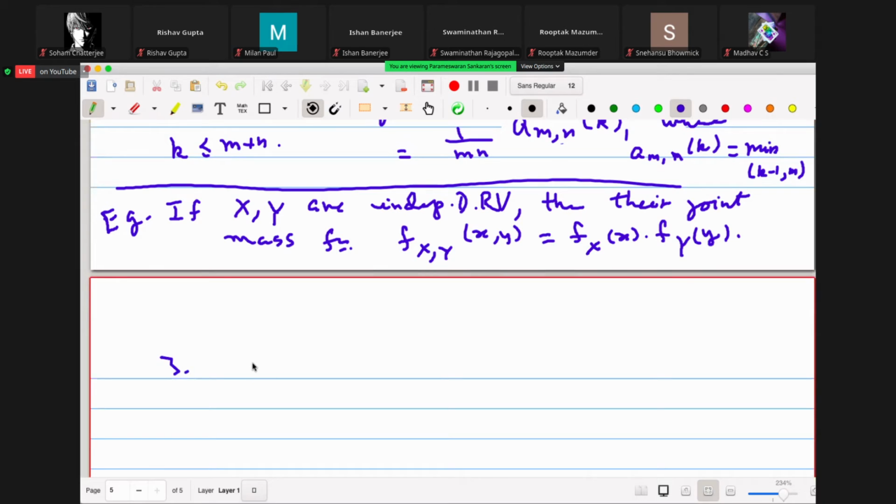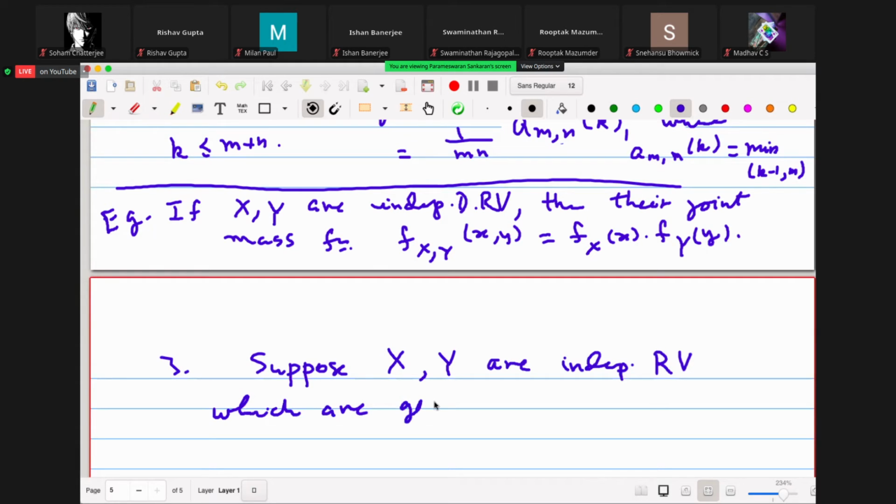Problem 3. Suppose that X and Y are independent random variables which are geometric with parameters alpha and beta.